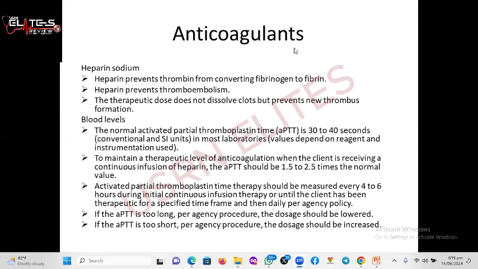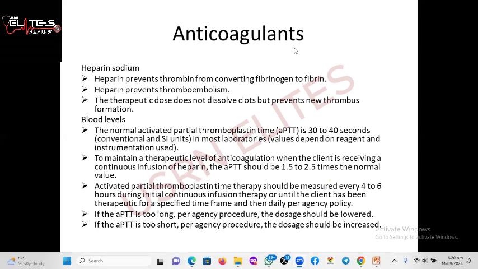And so if you want to know the therapeutic APTT level for someone on heparin, what you do is that you multiply the 30 to 40 seconds by 1.5 to 2.5 to get the therapeutic level. So let us all do this mathematics.